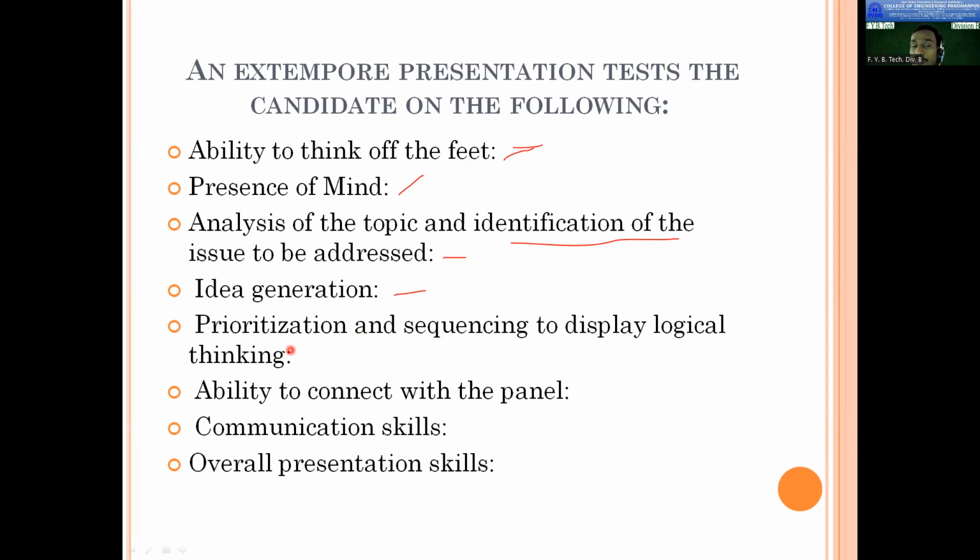Next is prioritization and sequencing to display logical thinking. So what is prioritizing or sequencing? Suppose in my mind I have just prepared and written these 5 points. But you cannot present all these 5 points as they are. There you have to prioritize which is the most important, which is the first thing I have to speak.